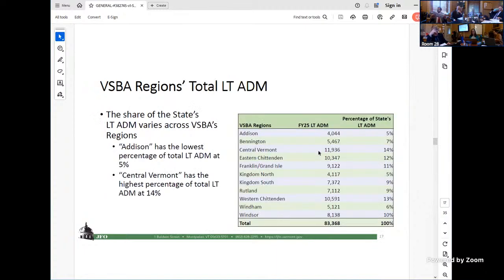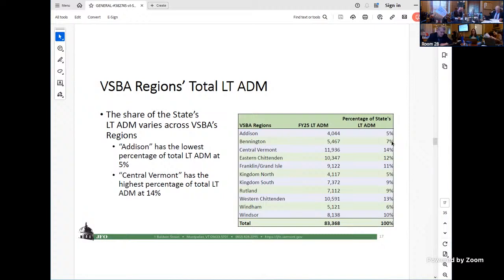I've included this table to remind you, or show, the breakdown of student count by each of these regions. We see the total number of students in this FY25 long-term ADM, LT-ADM, essentially the number of kids. And this far right column is the percentage of the state's share.